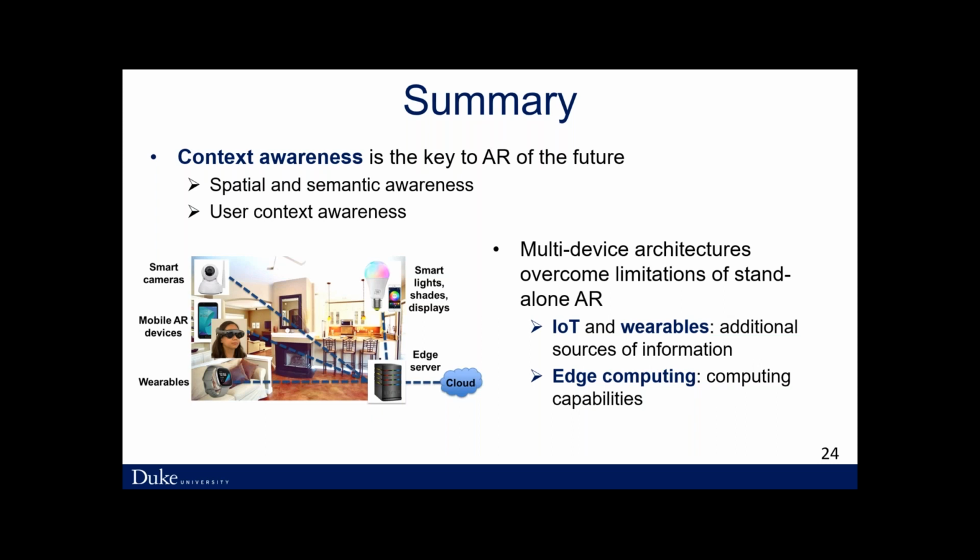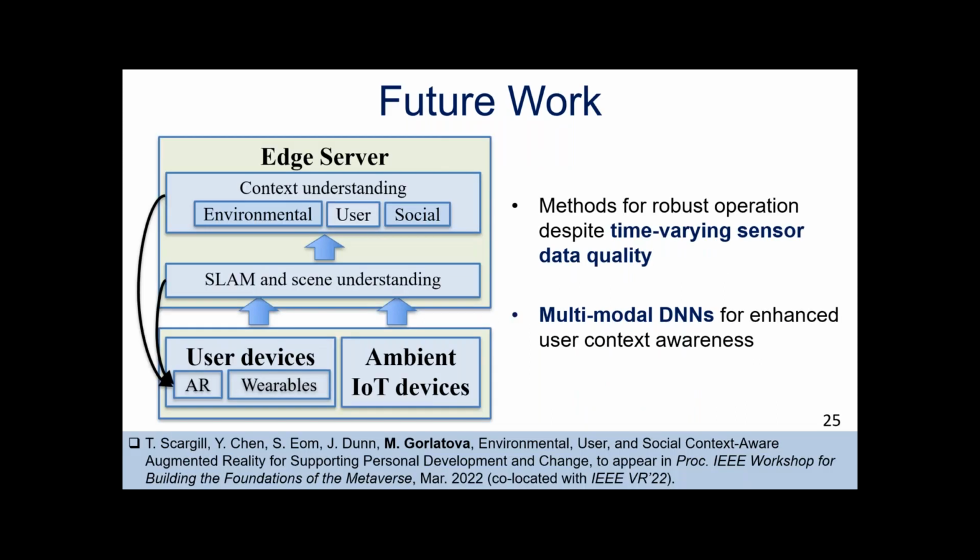There's of course a lot of future work to be done on all of this. We have recently outlined some of it in a workshop on building the foundations of the metaverse, and I'm happy to share the preprint as well. Overall, there's a lot of work that still needs to be done to be able to efficiently work with data that's captured by multiple devices.